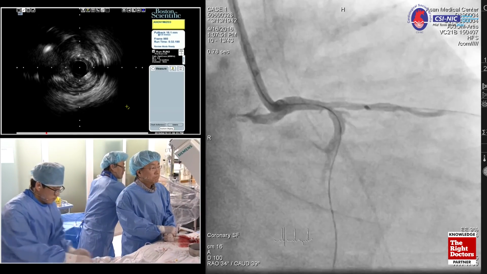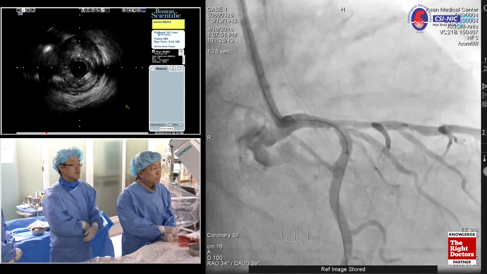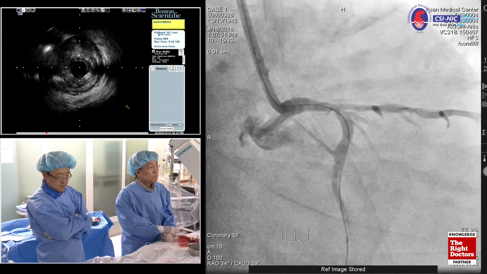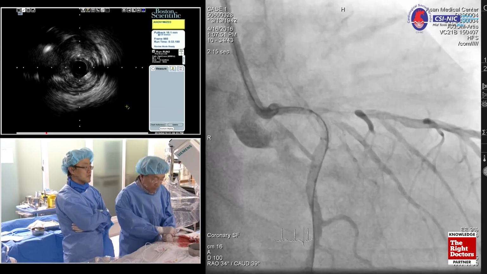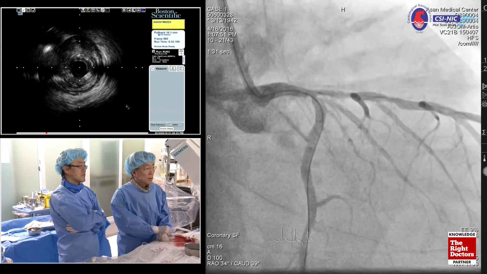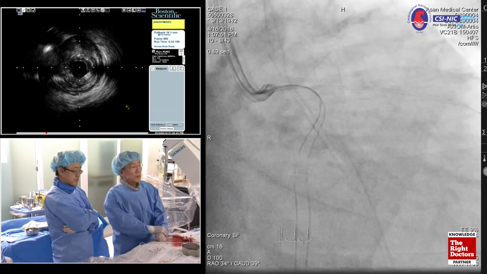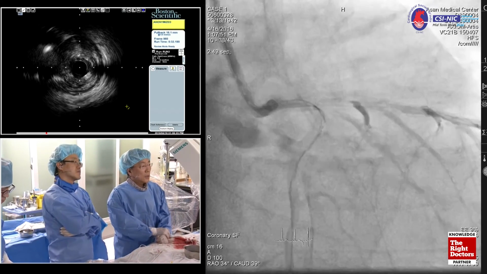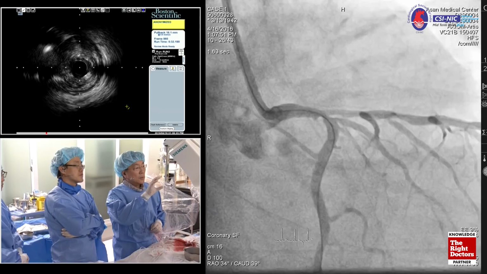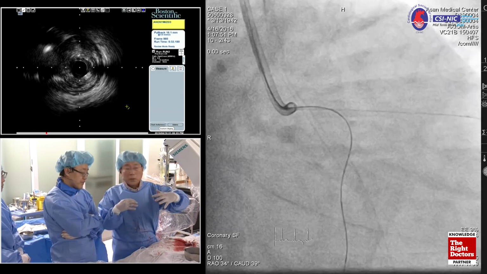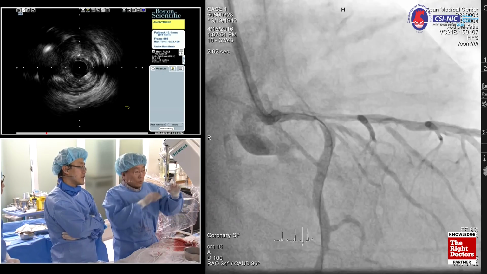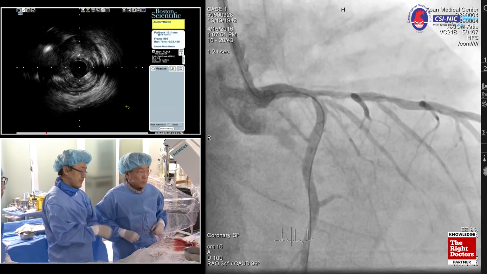Any suggestions for that? I presume you're going to pre-dilate to make sure both sides are quite well pre-dilated. And did you say you're going to use a TAP technique? Yes, that is quite easy. We want to try the cutting balloon first with high pressure inflation in the main branch, and then we're going to see what happens.